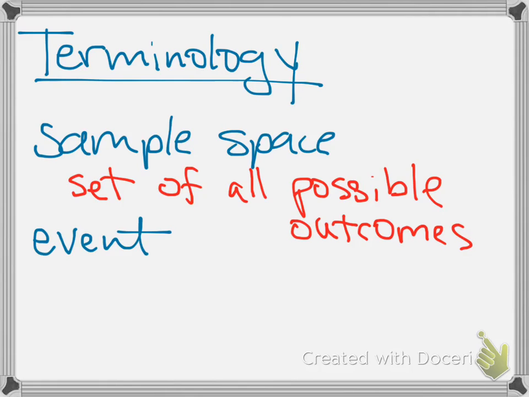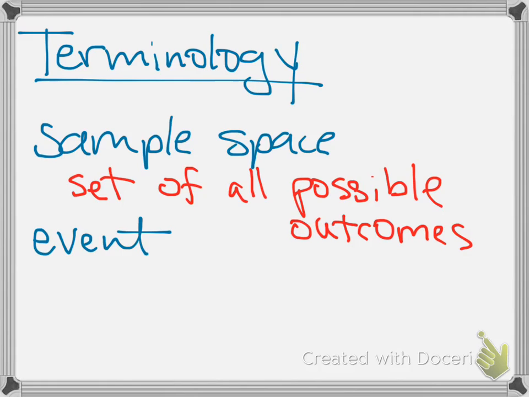If your event is rolling a die, then you have 6 possible outcomes, rolling the numbers 1 through 6. If you are drawing a card out of a deck of cards, the sample space contains 52 different elements because there are 52 different cards.